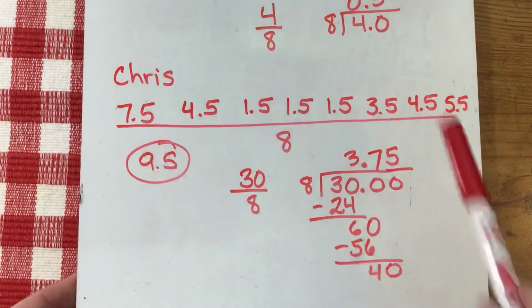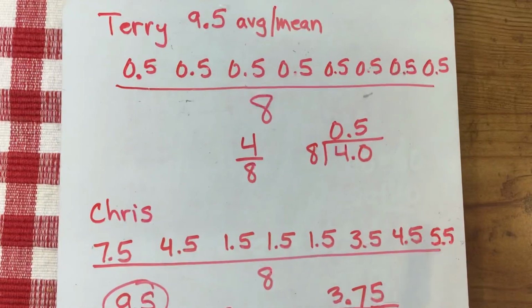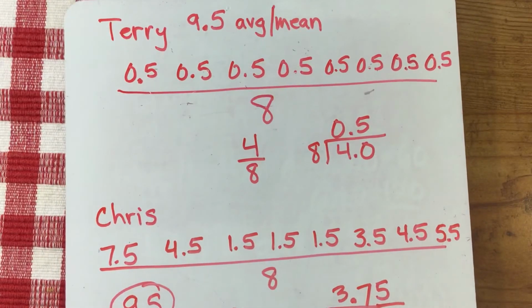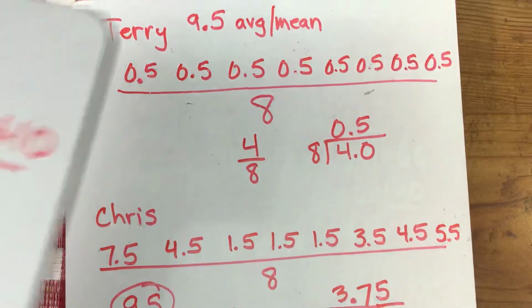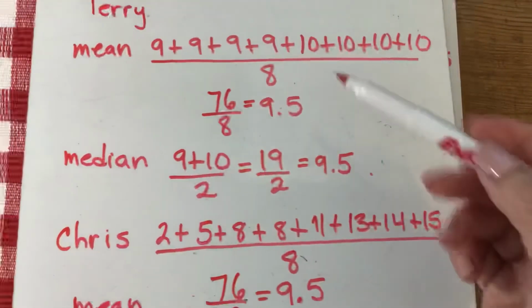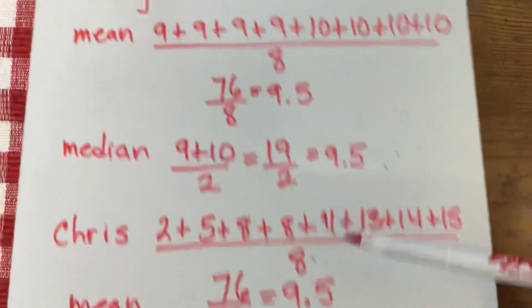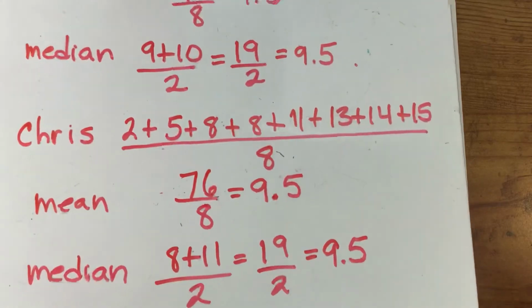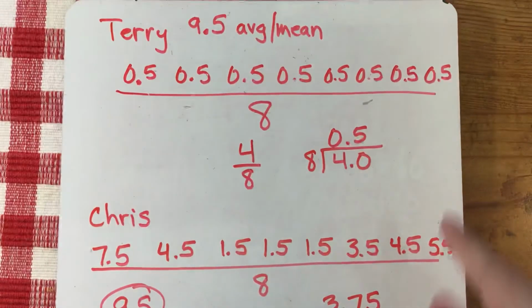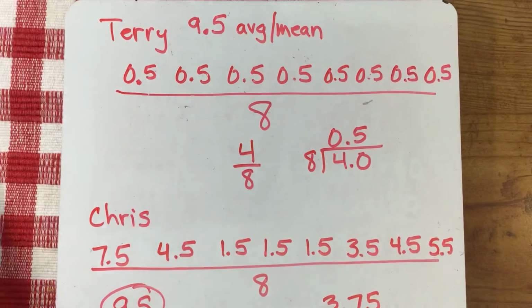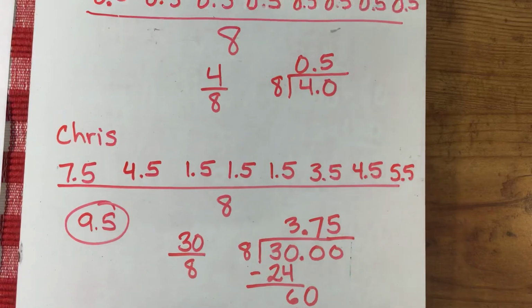So that's where you can see that even though they scored the same amount of points, even though their median and mean were the same, you can tell that Terry was more consistent because she is closer to the average number of points that she made, okay? I know this can be really complicated, okay? So I think we did most of them.